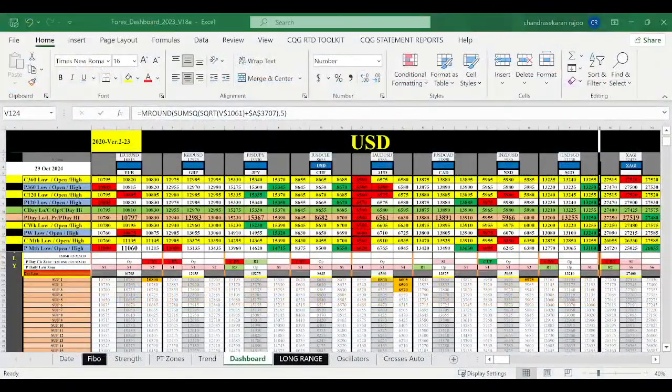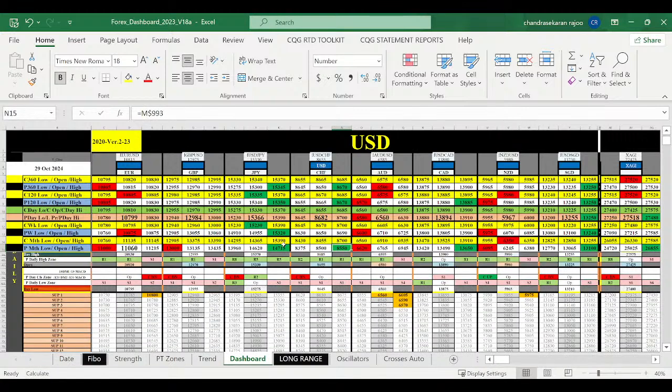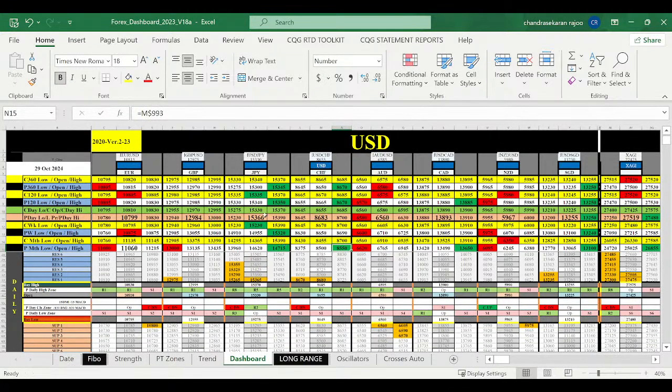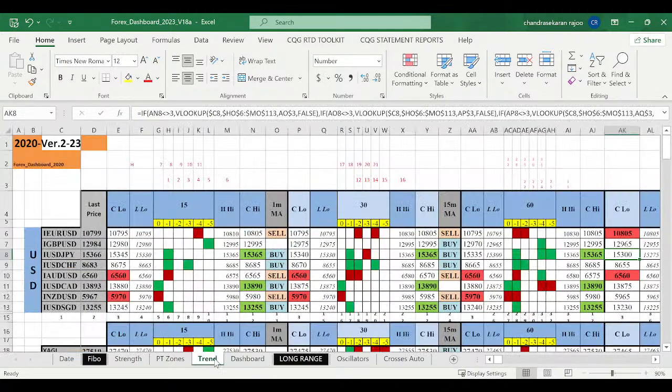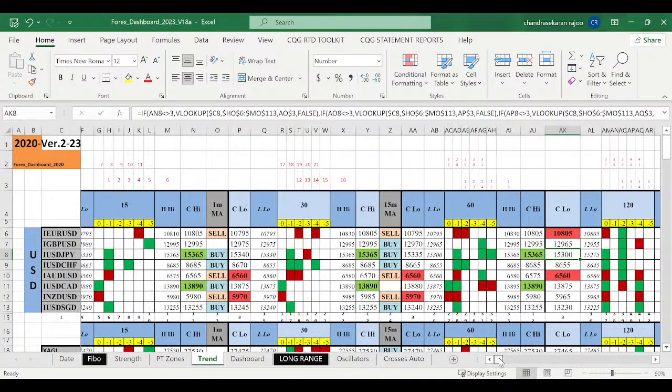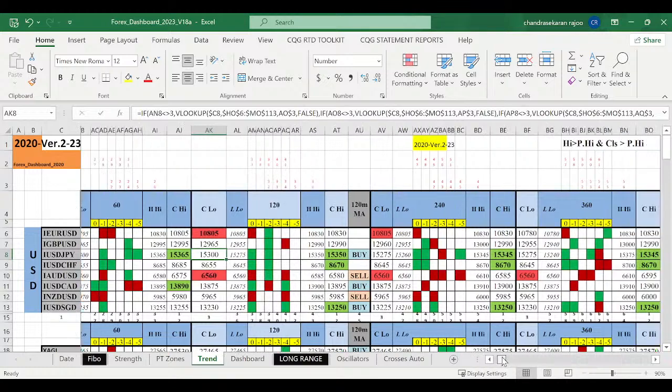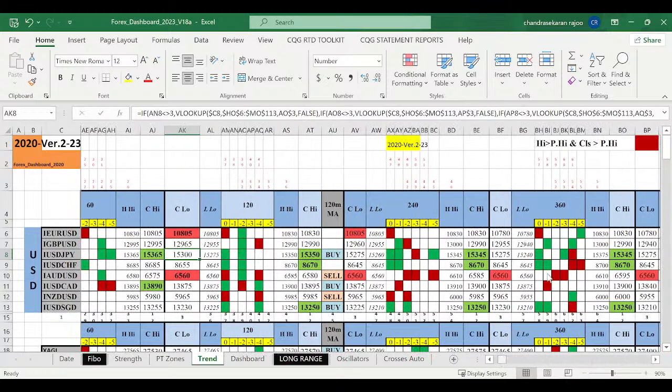Now looking at the dollar yen, let me show you the chart. Okay, we need to know the time control. In fact, the time control is 360 and 240 and even 220, 120.